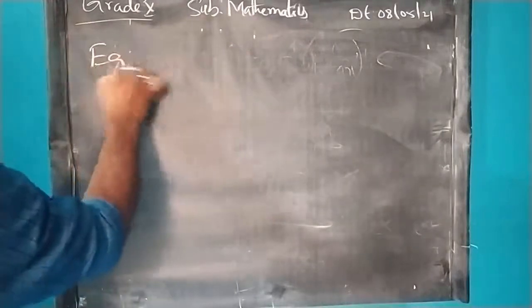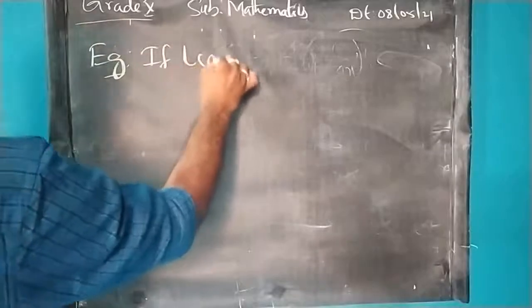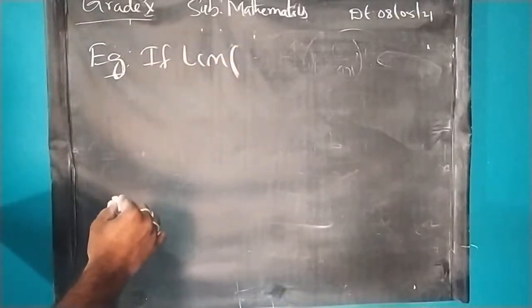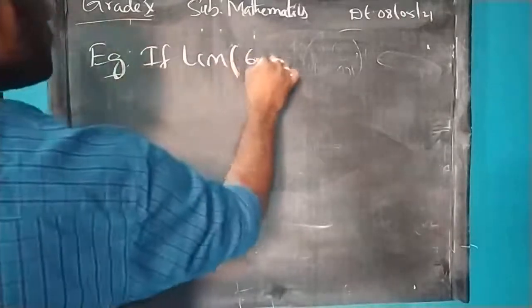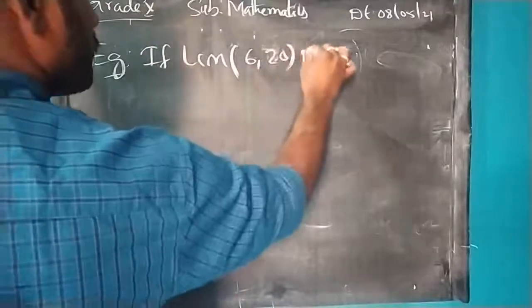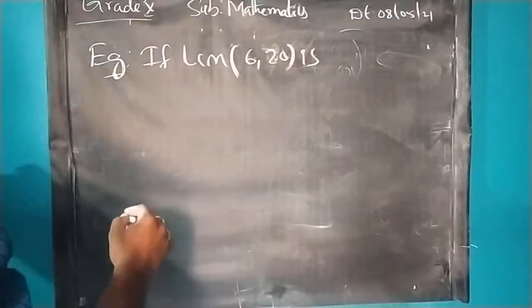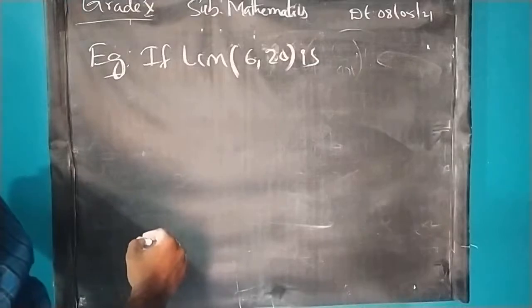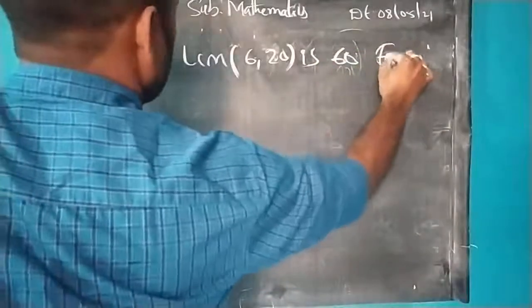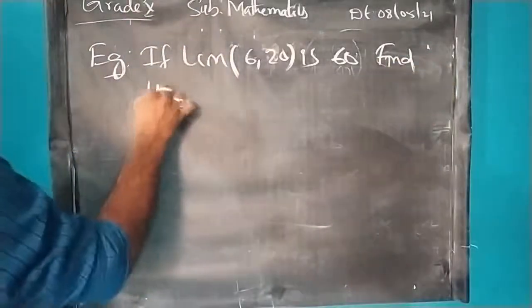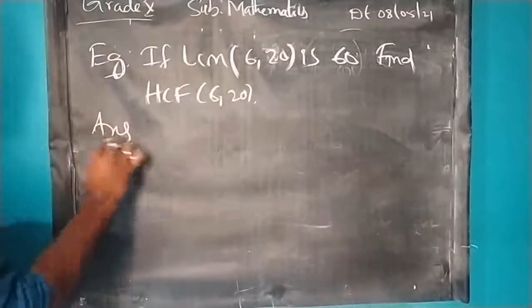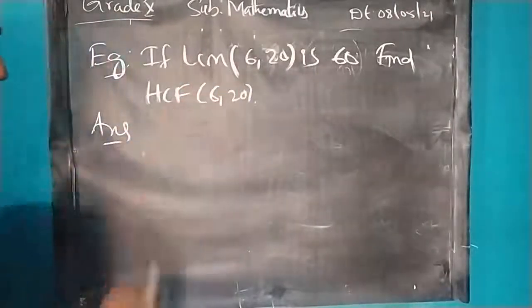Example, if LCM of 6, 20 is 60, find HCF of 6, 20. So how to do this here? Same concept here, LCM is given and he is asking to find out the HCF.